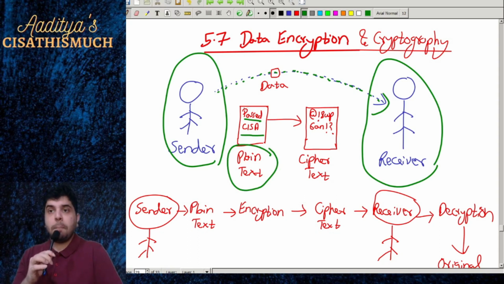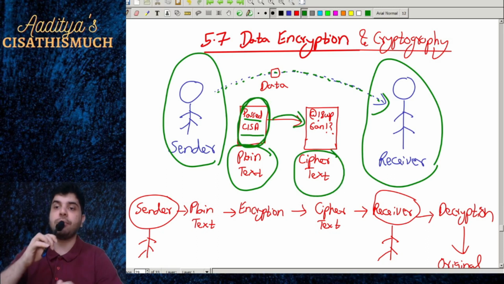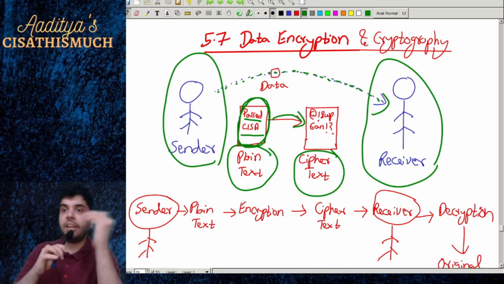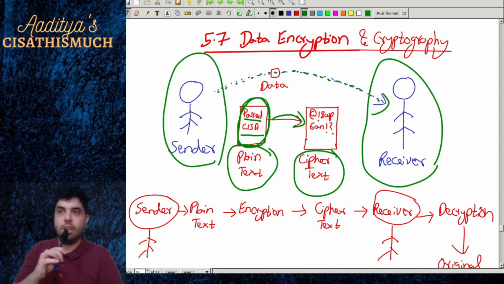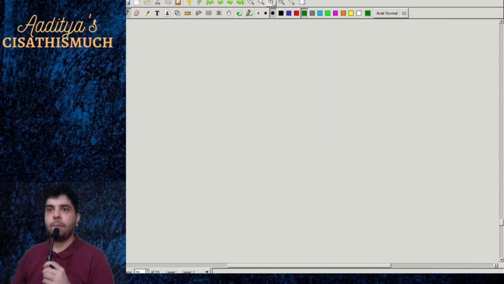Now this plain text is converted into ciphertext in case of encryption. When we say we have encrypted the data, we have changed the plain text into cipher data or ciphertext.